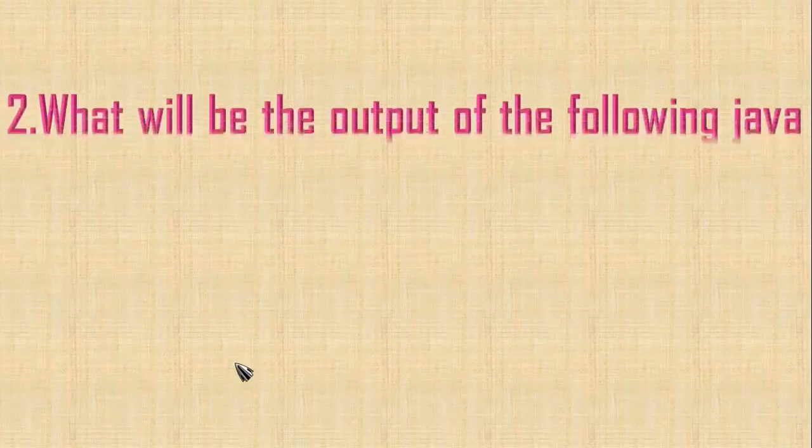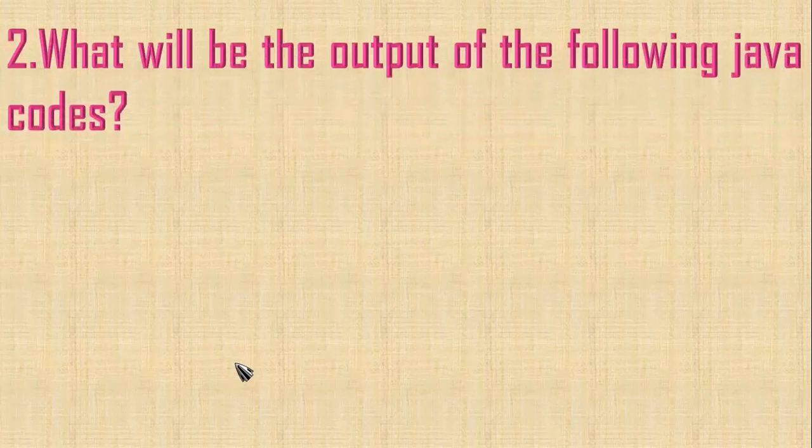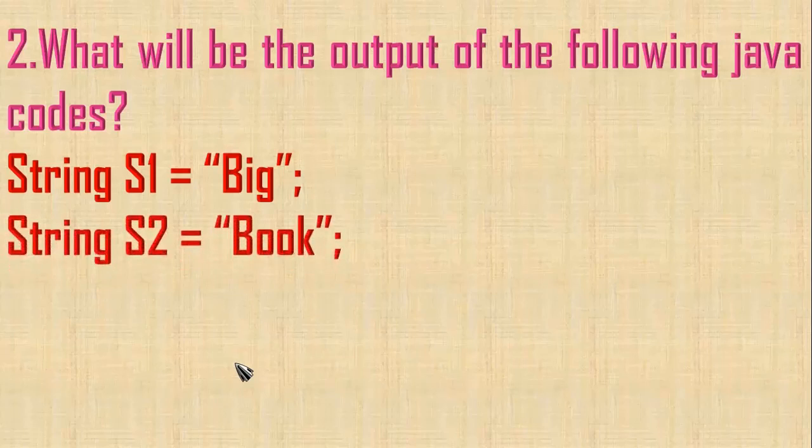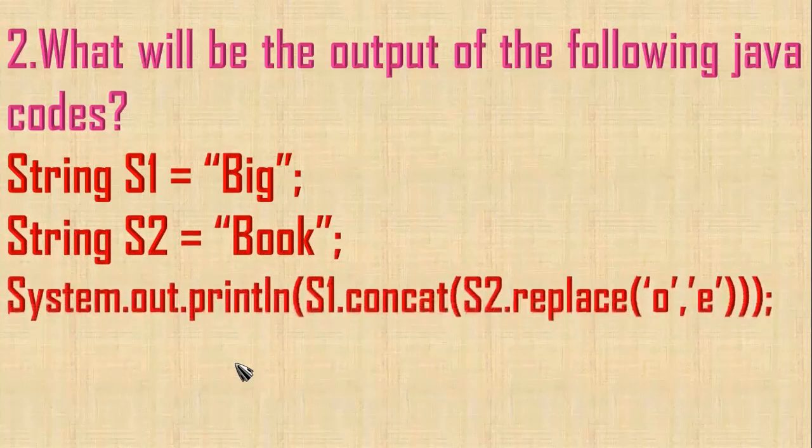Let us see the second question. What will be the output of the following Java code? String s1 = "big", string s2 = "book". So printing statement s1.concat(s2.replace('o','e')). So s1 is big.